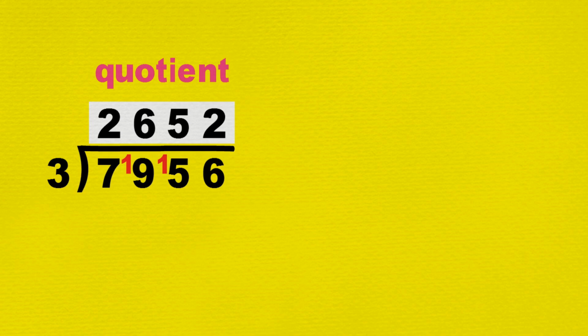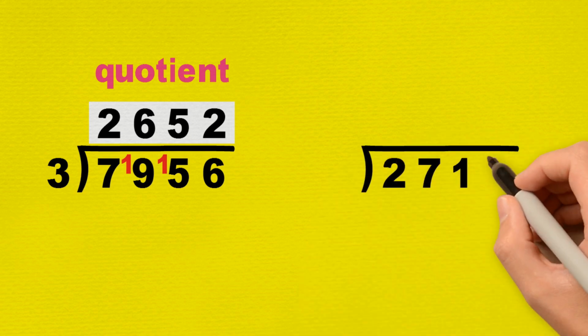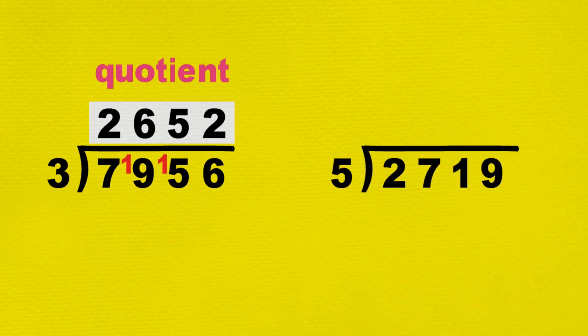Let's do one more example, this time 2,719 divided by 5. We start by writing the division like this, same as before, and we will use the same method, dividing the 5 into each of the digits of the big number, starting from left to right.